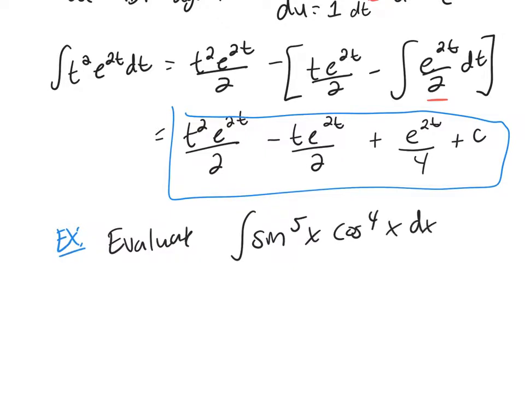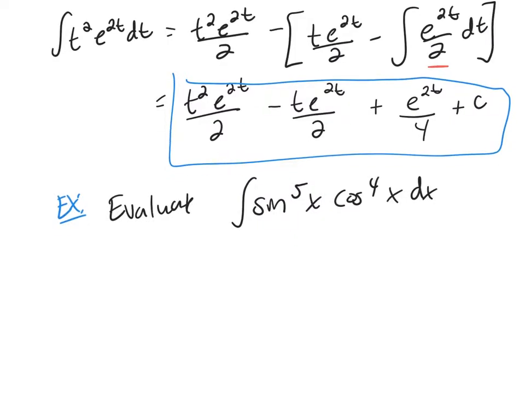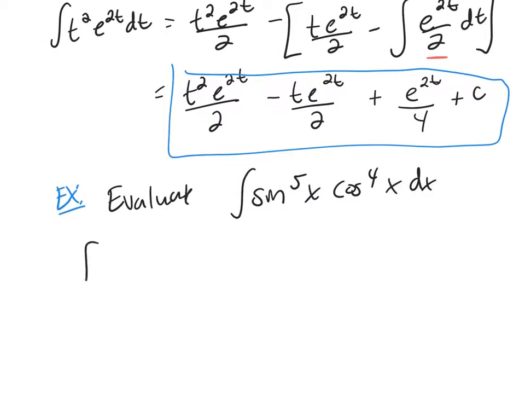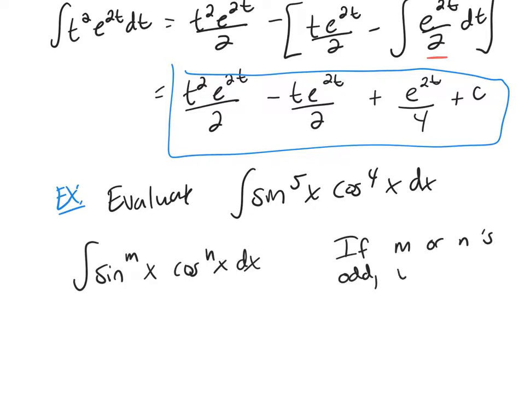Now this is an integral that has sines and cosines in it, and remember when we learned this, sine and cosines, there were rules on how we integrate. And so remember the first rule said if m or n, if one of them is odd, you need to use substitution.